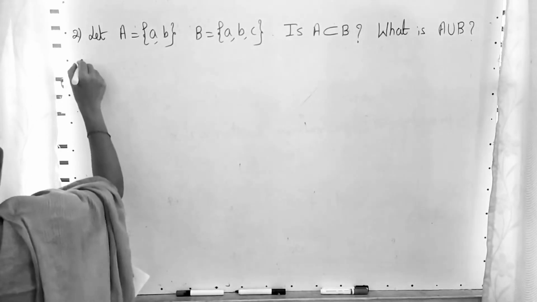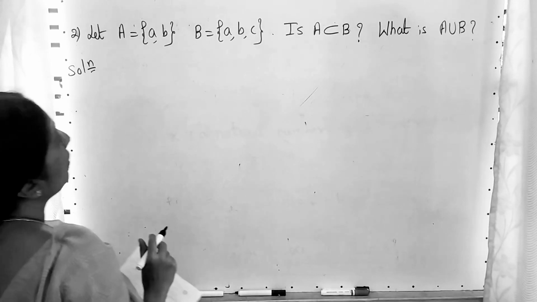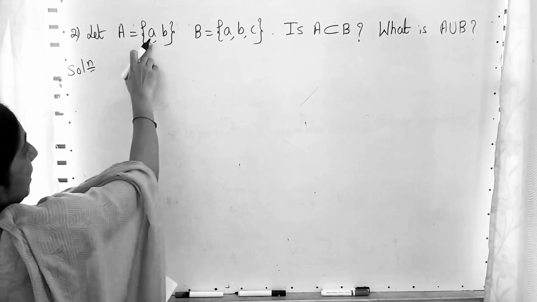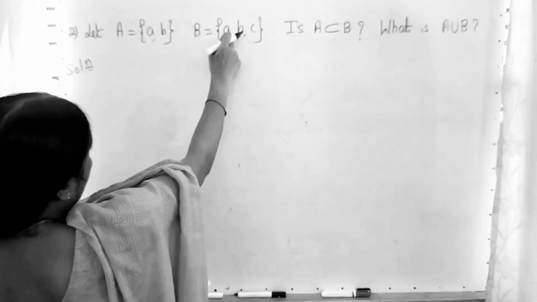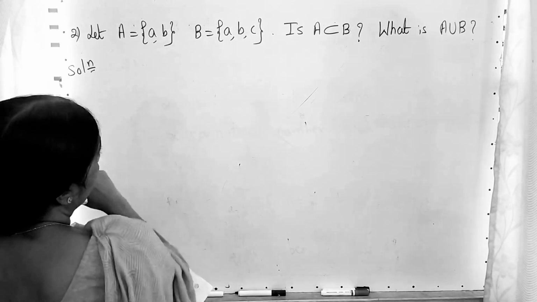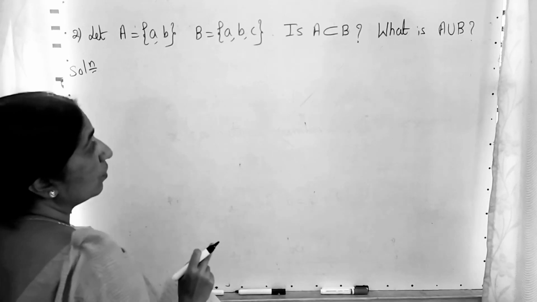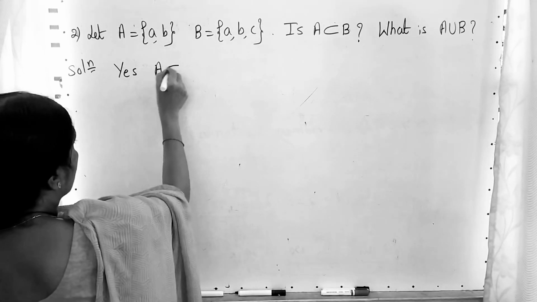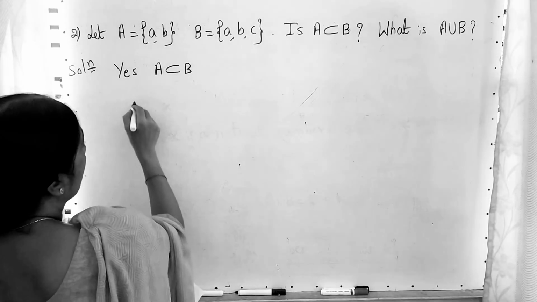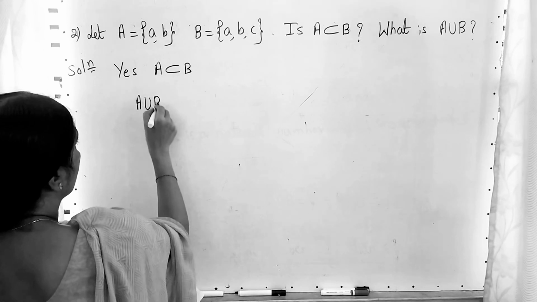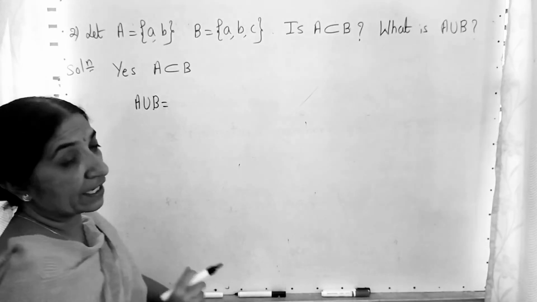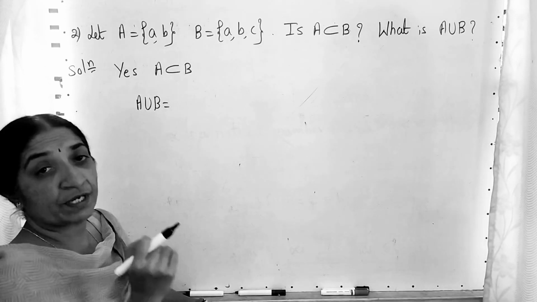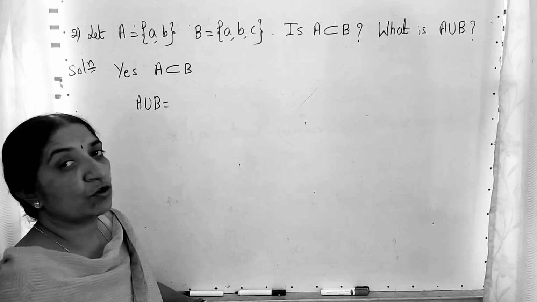Already you are familiar with the subset. When you compare A and B, from set A the first element is a. It is also present in B. And b is also present in B. Is A a subset of B? Yes, A is a subset of B. And what is A union B? Already we are familiar. A is a subset of B, so B is the biggest set and A is the smallest set.